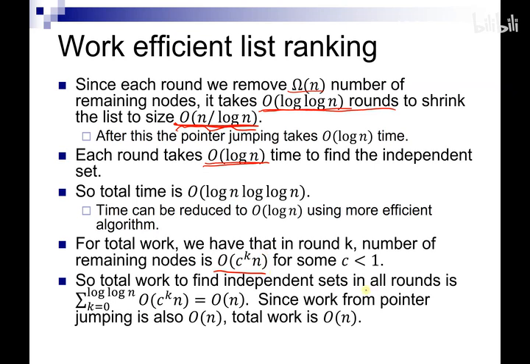And so the total work done in all the rounds, where we ran for log n rounds, is going to be just the sum of this for k from 0 to log n. This is a geometric series, and it is going to add up to just linear, order n. And the pointer jumping part also has linear work. So the sum of the work for all of these steps is linear.